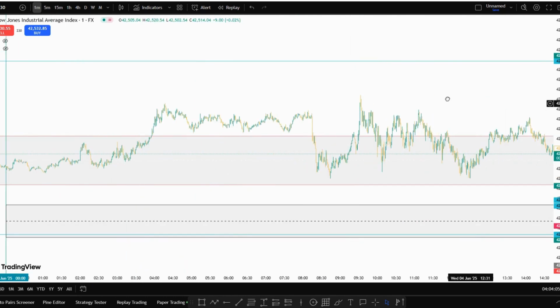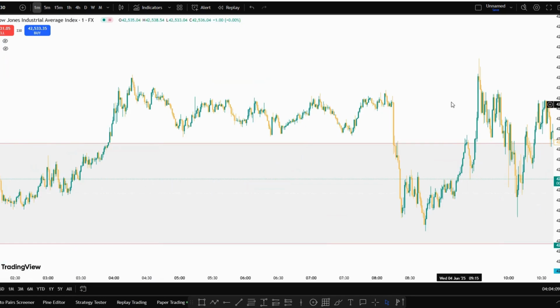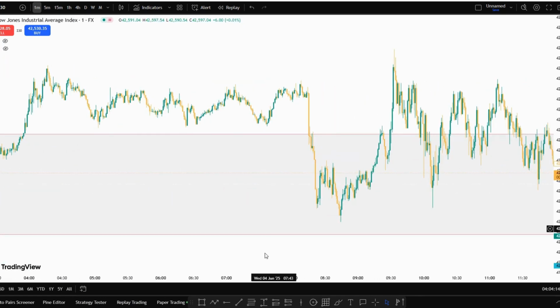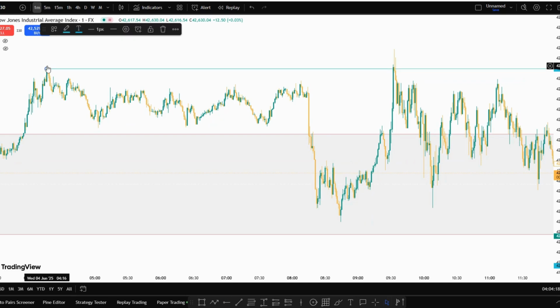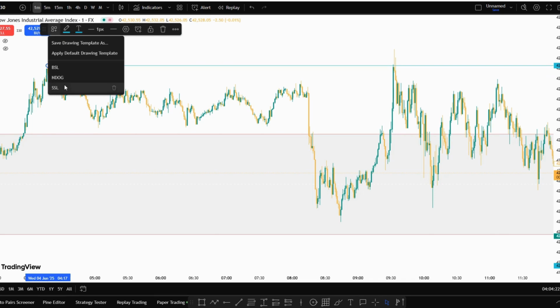So at this level, New York's opening, right? So New York's opening over here in this pricing, right? New York's opening took these buy side levels out, right?